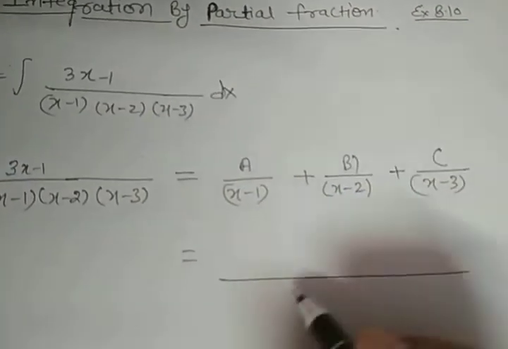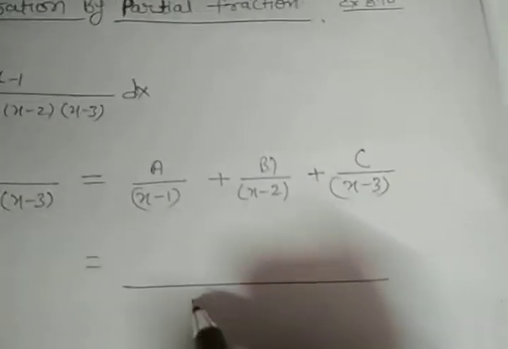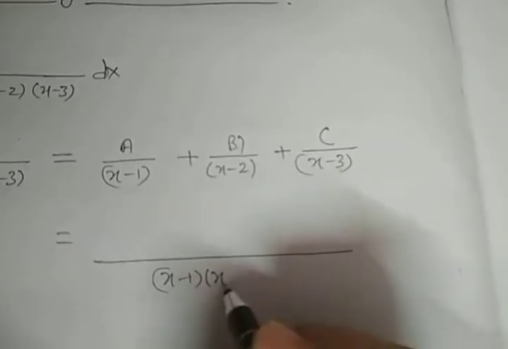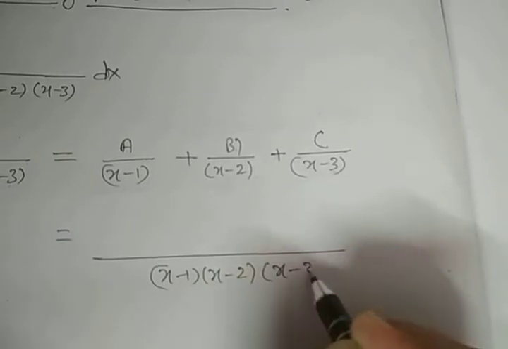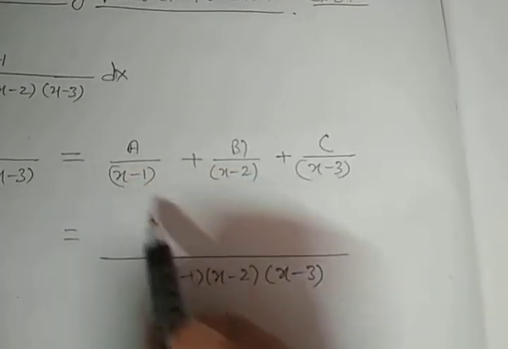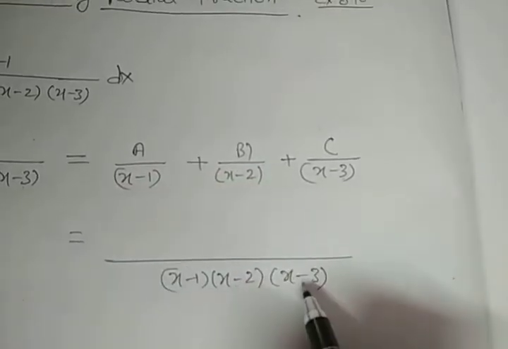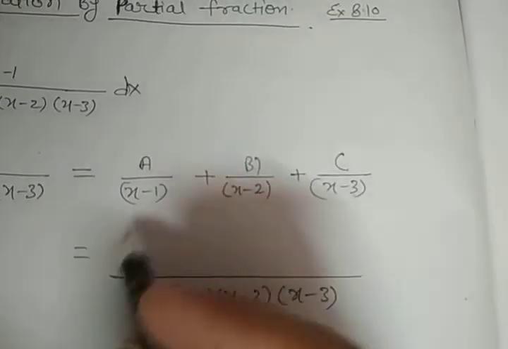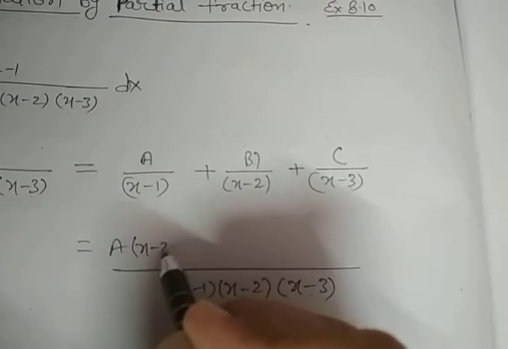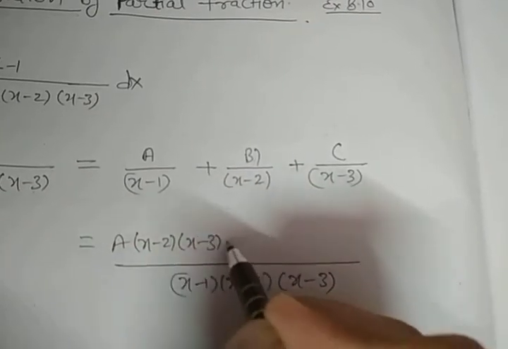Now take the LCM. These are different factors, so the LCM will be the multiple of all three factors. Now we divide by x minus 1, so x minus 1 is cancelled, x minus 2 and x minus 3 are left, that will be multiplied to A. So A into (x minus 2)(x minus 3).